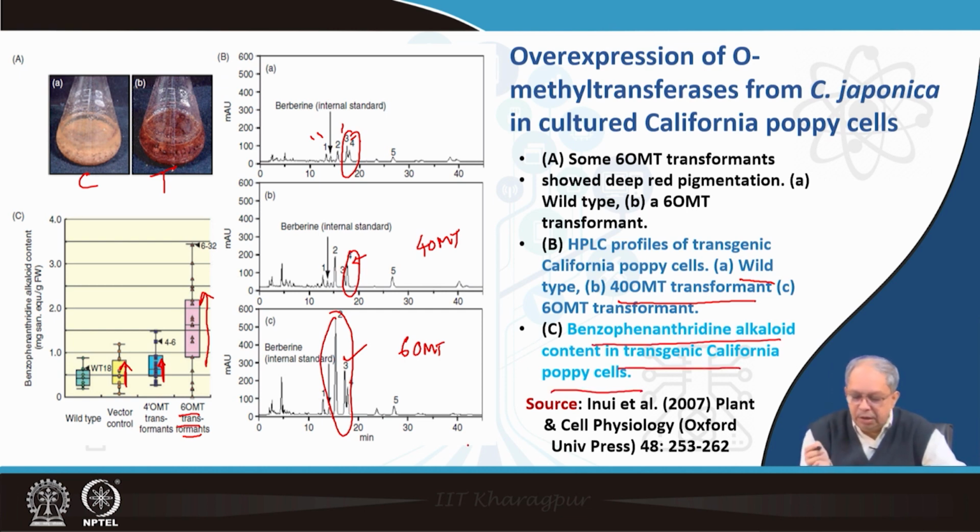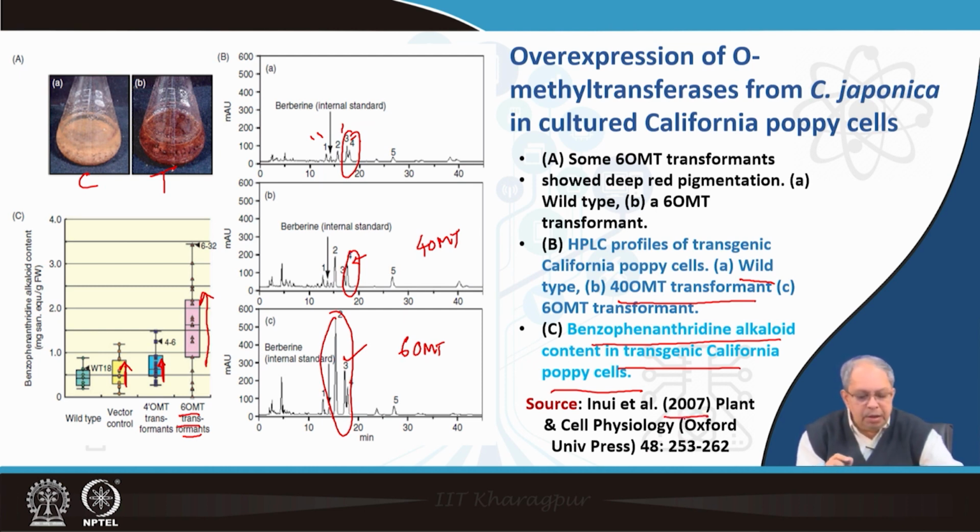So, that means the benzophenanthridine alkaloid content in transgenic poppy has been enhanced as a result of expression of 6-OMT, and this is a very positive result, and this was reported in the famous journal Plant and Cell Physiology by another Japanese group in the year 2017.